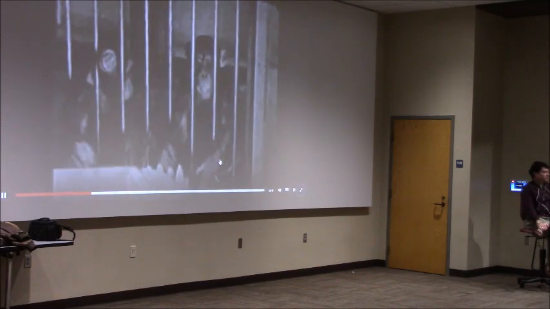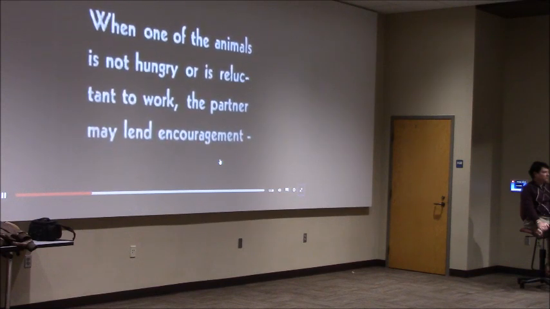And now you're going to get a more interesting picture, because now one of the two chimps has been fed. So one of the two is not really interested in the task anymore.